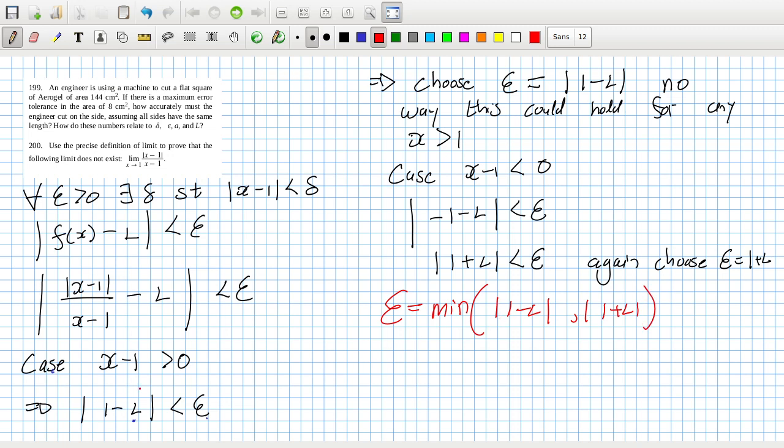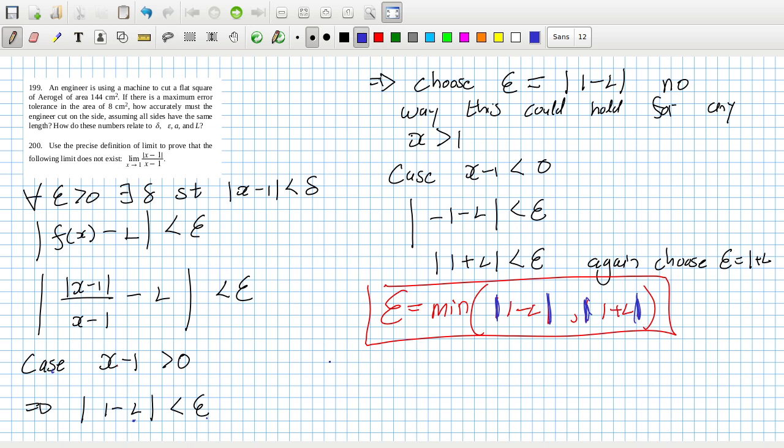If we're in this situation and we went with this guy, then that's definitely false. If we went with this guy, then it's only because that was smaller than this, and that would make an equation that's false. Yeah, sorry, should have been the minimum. I said maximum. Yeah. Okay, so the minimum of this or this then.